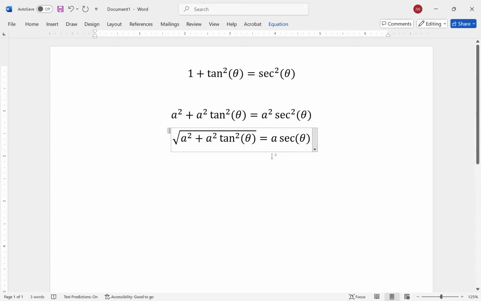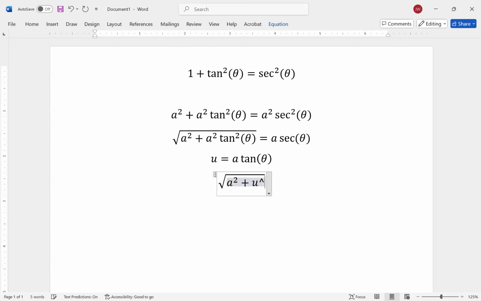So notice that if I let u equals a times tangent theta, if I do that substitution, then the square root of a squared plus u squared, remember, u is a tangent theta, so the square root of a squared plus u squared is equal to a secant theta.